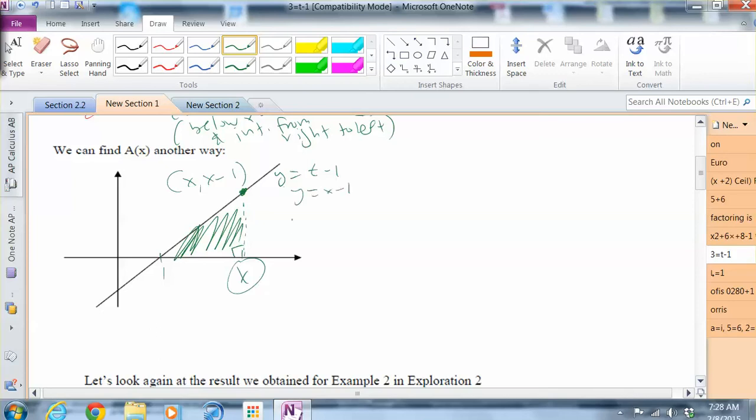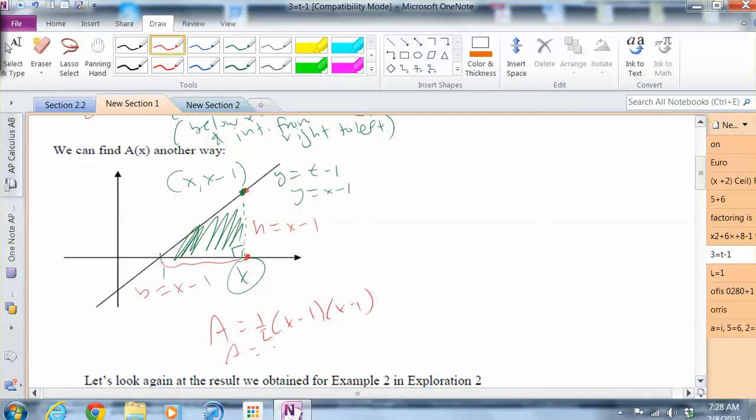So the area of this triangle is pretty easy. That's going to be a base of x minus 1. It's going to have a height of also x minus 1, because you're going from a point of y equals 0 to a point of y equals x minus 1. So our area is 1 half times x minus 1 times x minus 1.